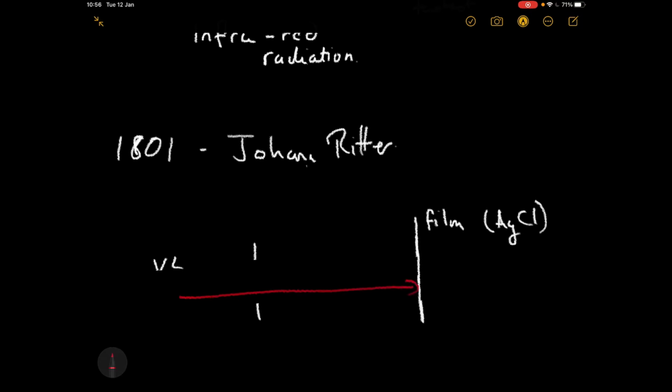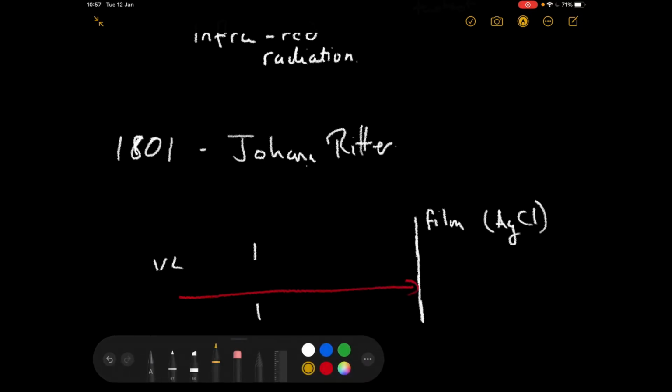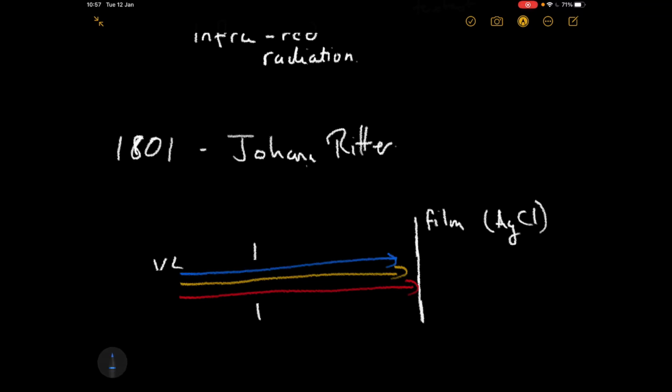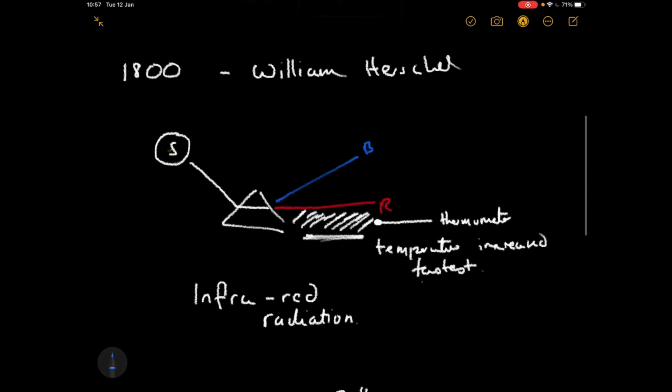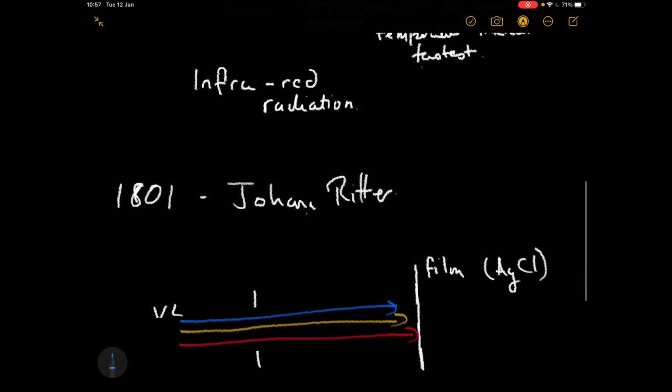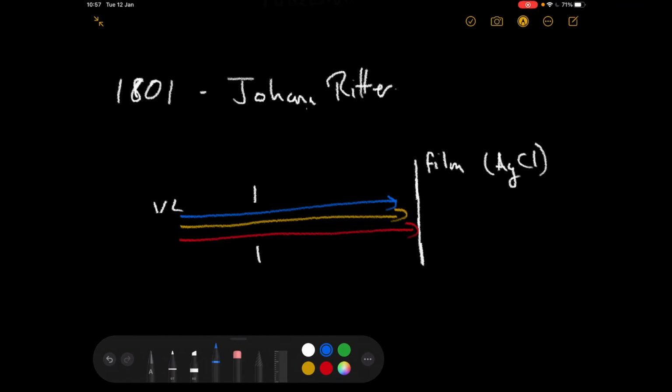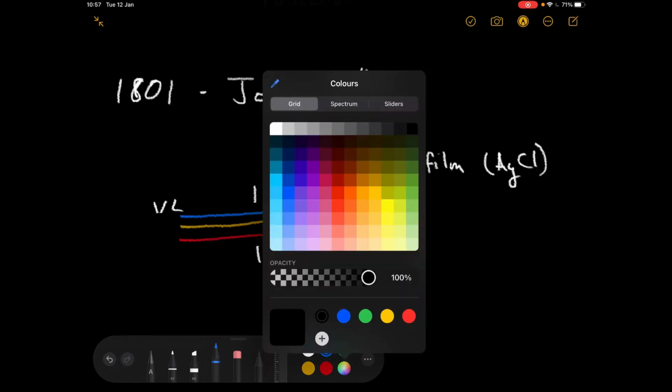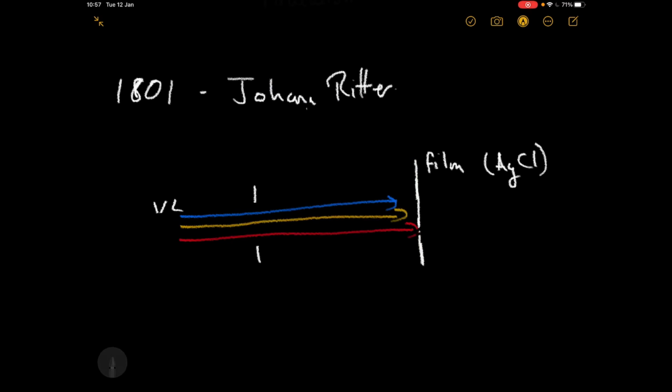So starting with, say, red, then turning in some yellow light, and then all the way up to blue light. By doing the same thing, but instead of putting in a thermometer, he angled his camera film. And he was timing how long it takes for this darkening of the film to occur, like how long to darken the film.